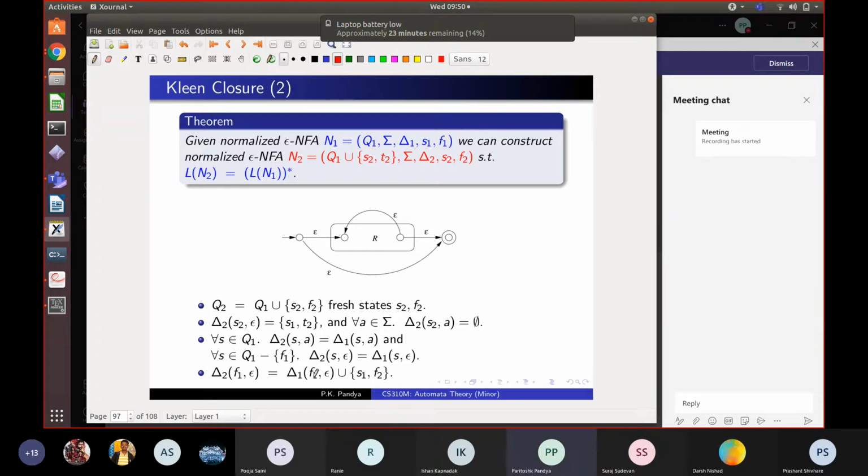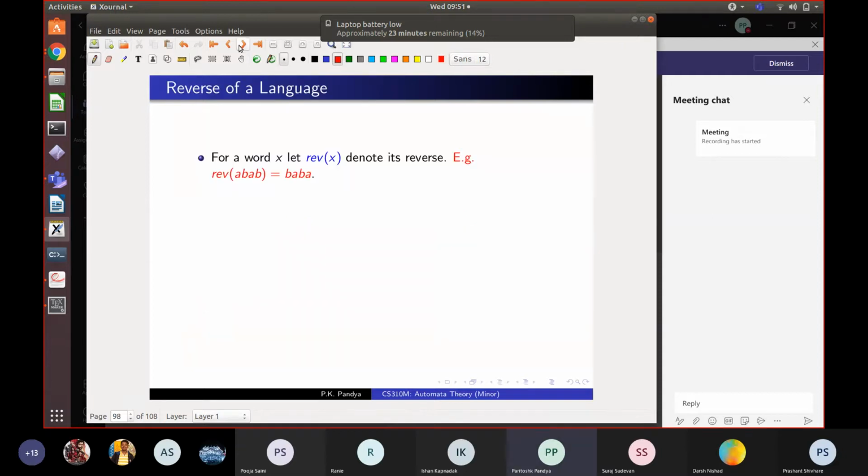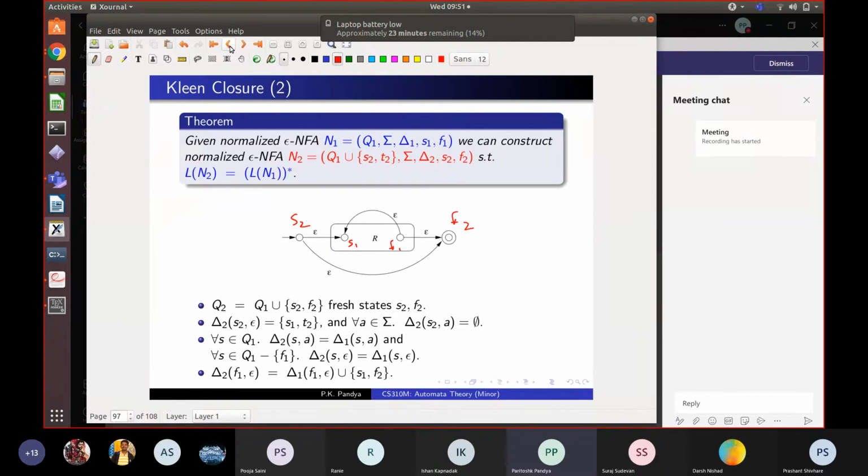So on F1 on epsilon, you will go wherever you would go on epsilon in the original automaton, but you can also go to S1. This is S1, this is S2, this is F1, and this is F2, right? So you can see we are just writing whatever is given in this diagram there, right? So I hope that is clear to you. And that is the construction.